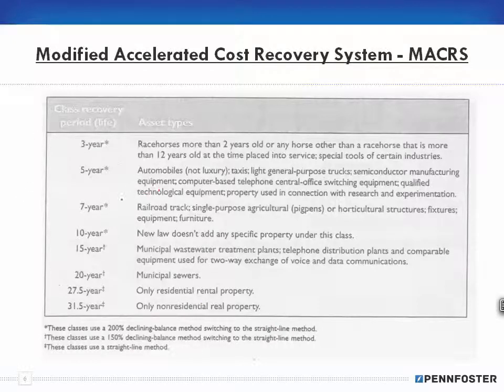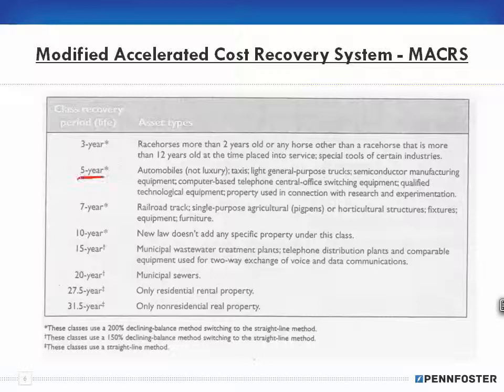But let's go back to our automobile. So now, we determined that our automobile doesn't sit in this 3-year class, okay? So we read the next one here. Automobiles, not luxury. Taxes, light general purpose trucks, semiconductor manufacturing equipment, computer-based telephone, central office switching equipment, qualified technological equipment, property used in connection with research and experimentation.